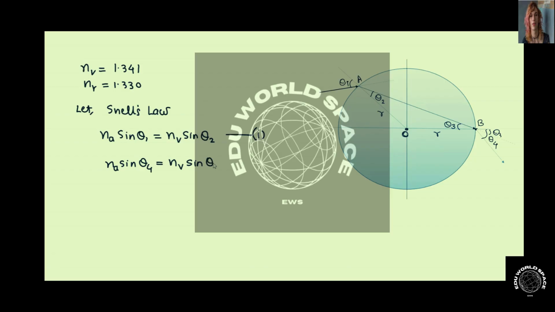So let's say this is equation number 2. These are the two equations that we have written for this violet color light.